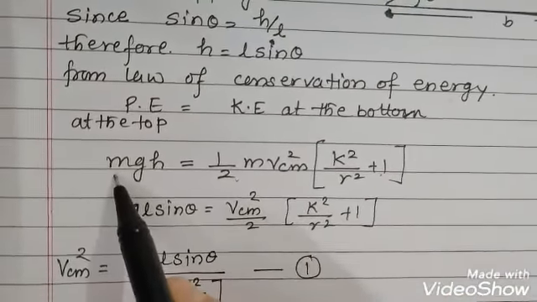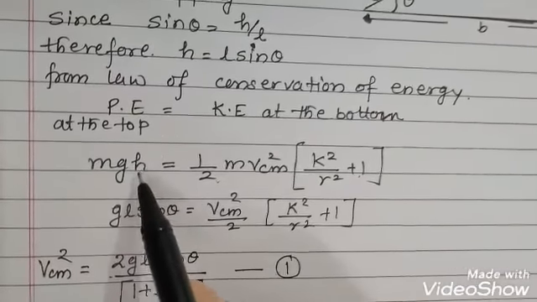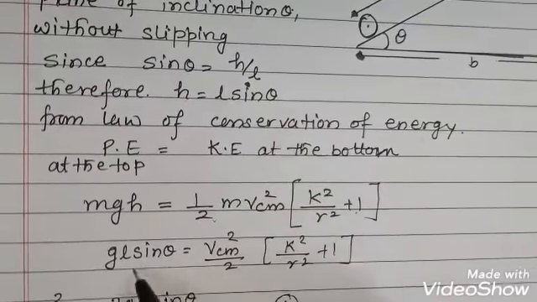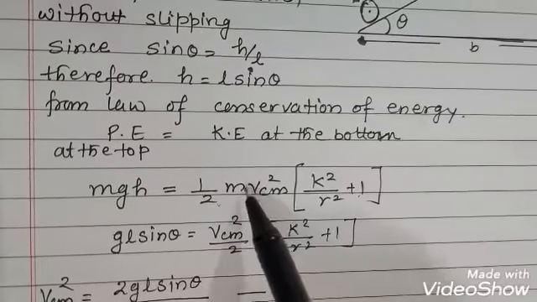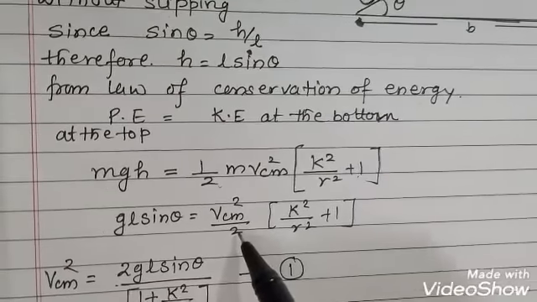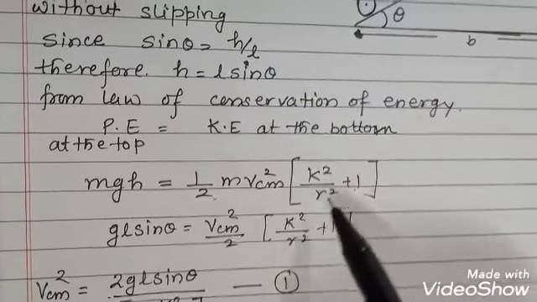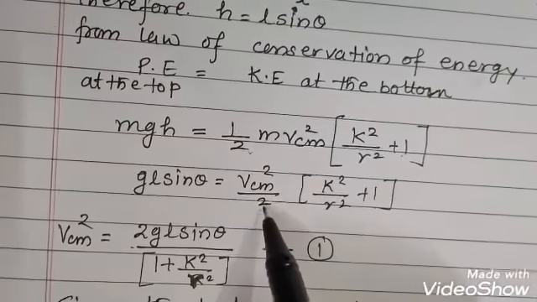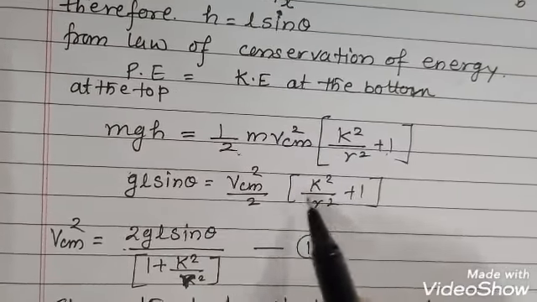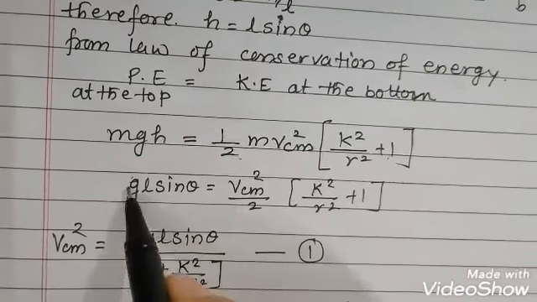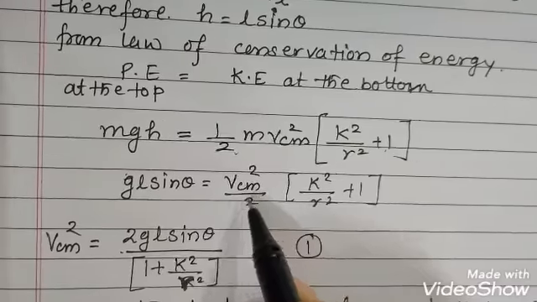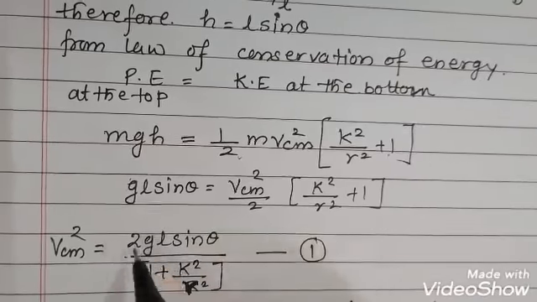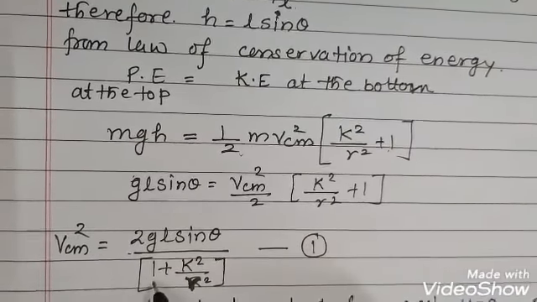Here m and m cancel. We replace h by L sine theta, so we get vcm square upon 2 times (k square upon r square plus 1) equals g L sine theta. Now we transfer this quantity to the other side, so the 2 goes up: vcm square equals 2 g L sine theta divided by (k square upon r square plus 1).